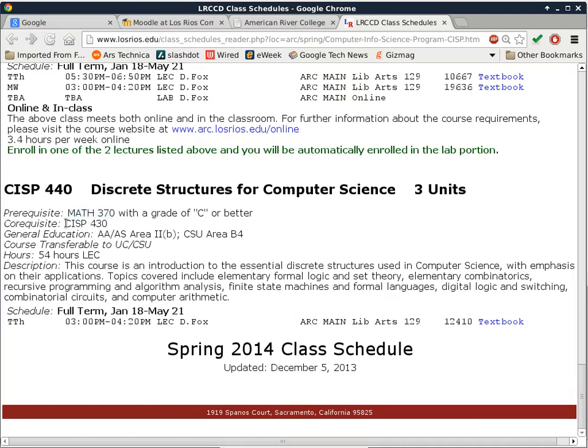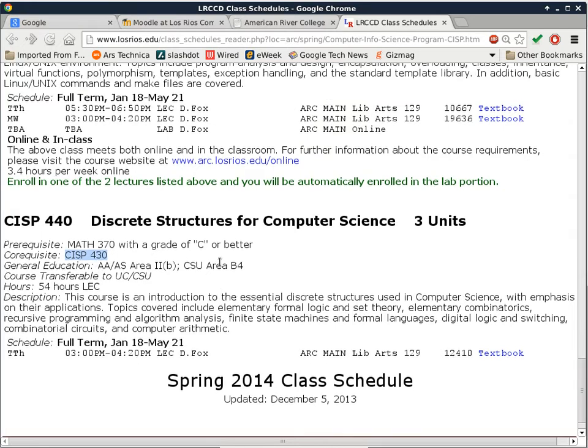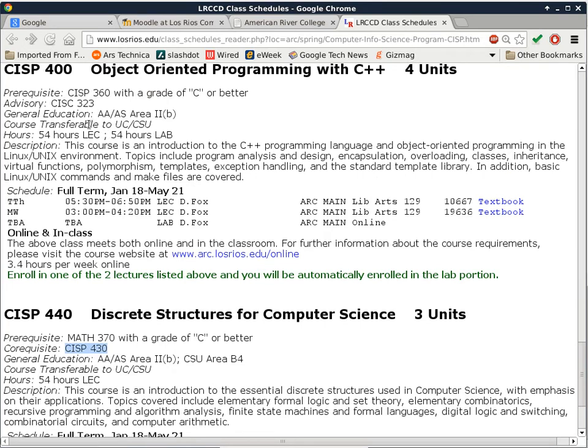It has a co-requisite of CISP 430, so that's why these two are kind of together, because 430 depends on 400. So usually, if you can, you take these two together. If not, you have to take CISP 430 first, and then you can take CISP 440. For this semester, for spring, 430 is not offered.